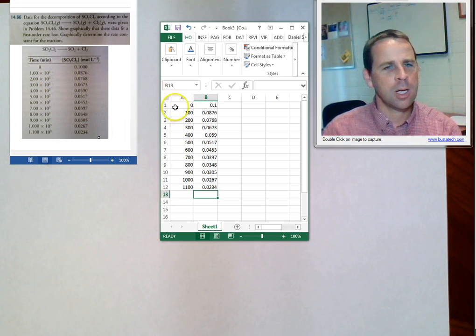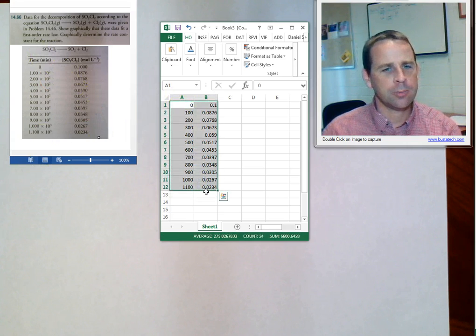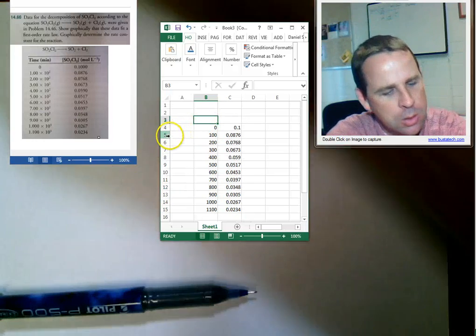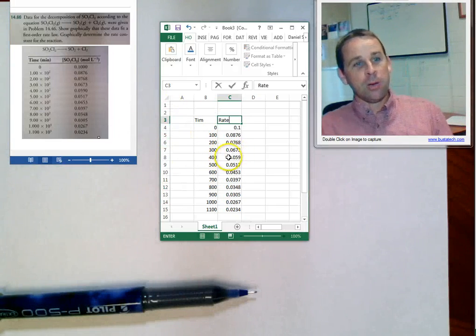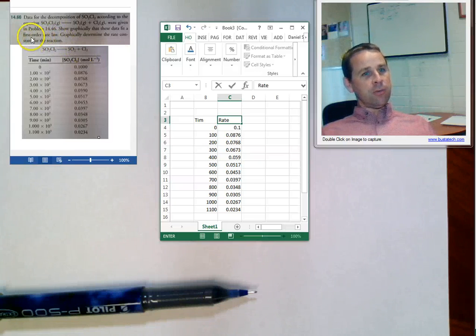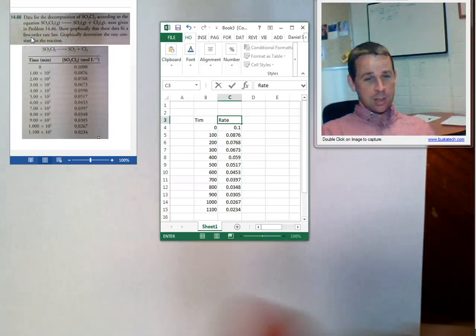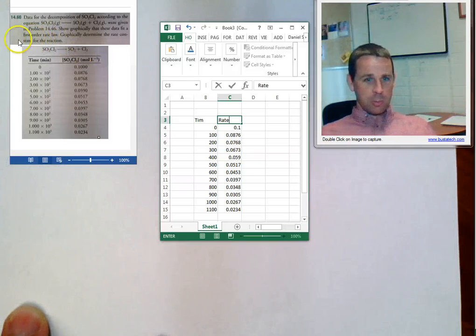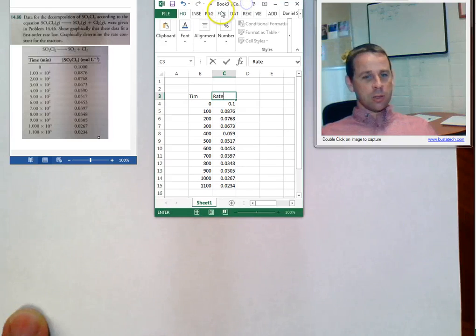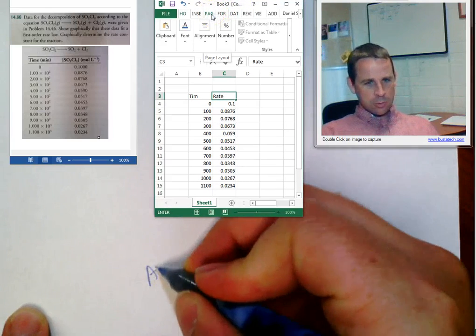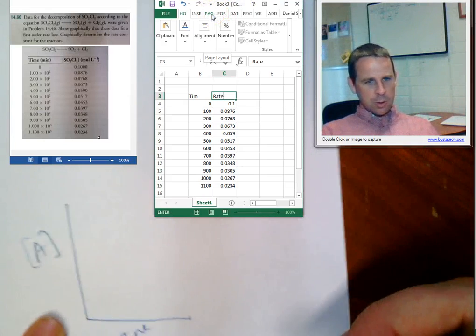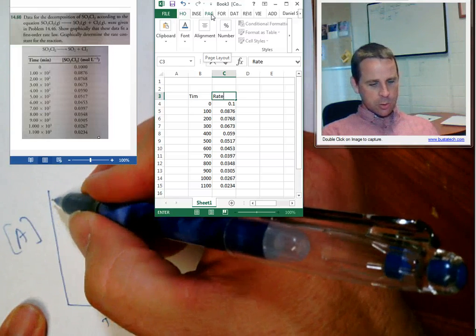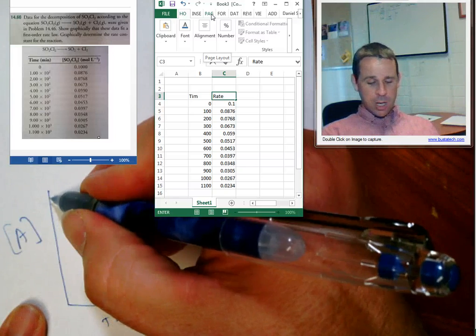We have our time, right, and our rate in which the process occurs. So this is our time, and this is the rate. Okay. Now it says up here that this is a first order rate. If I plot the concentration of a reactant versus time, for a zero order reaction, it will be a linear line.